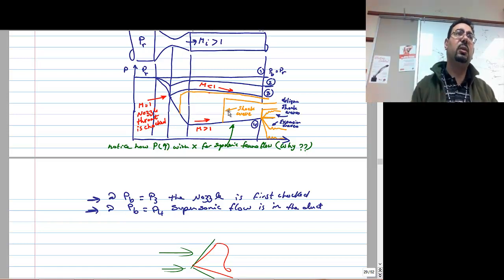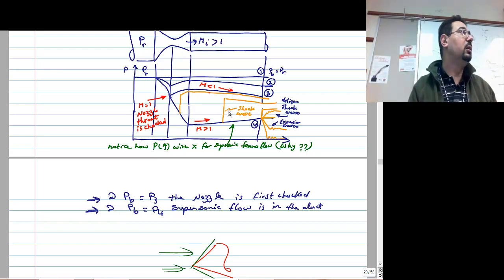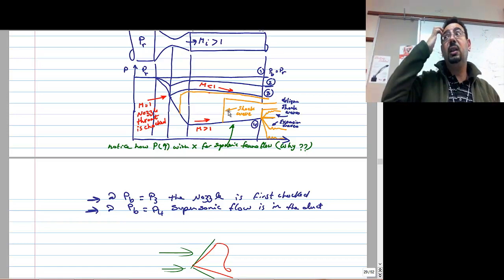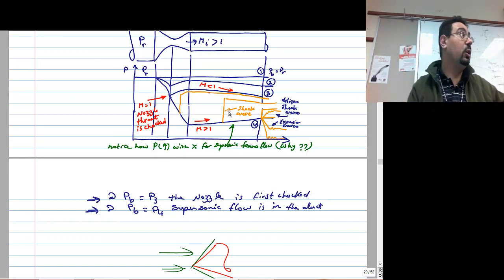It's not straightforward. There is no one equation which will tell you that if the back pressure is this, the shock is in the middle. So if you're given the back pressure and told to find where the shock is, is it after half a meter or 3 meters, this becomes the most difficult problem in this course.